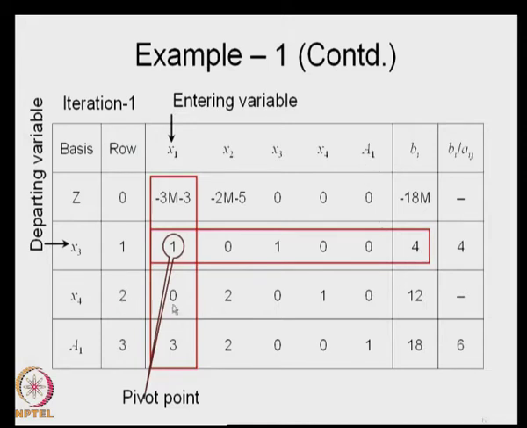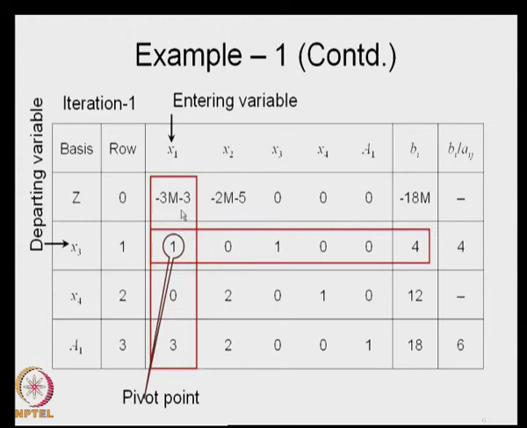In row 2 you have 0 x 1, 2 x 2, 0 x 3, x 4, 0 a 1 is equal to 12. And in the last row you have the artificial variable: 3 x 1 plus 2 x 2 plus 0 x 3 plus 0 x 4 plus a 1 is equal to 18. So, this is your first table now.